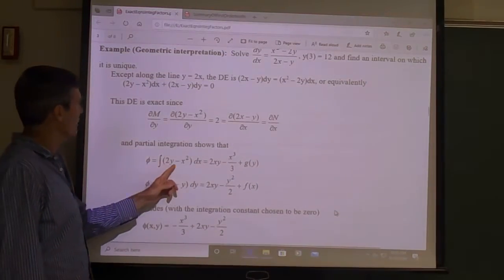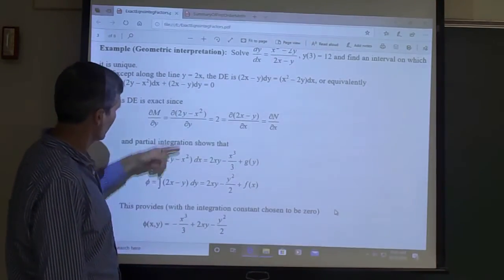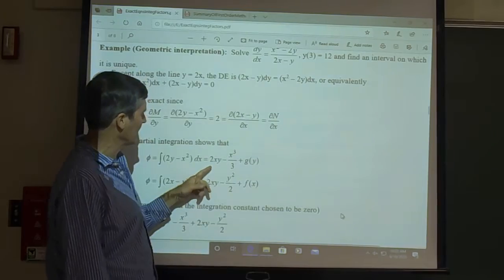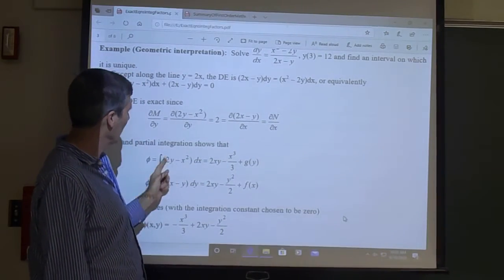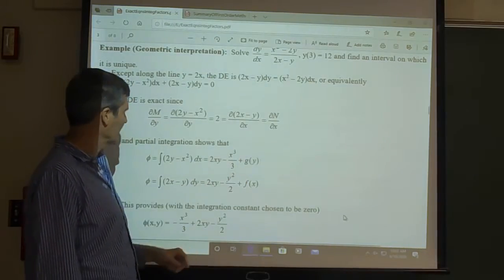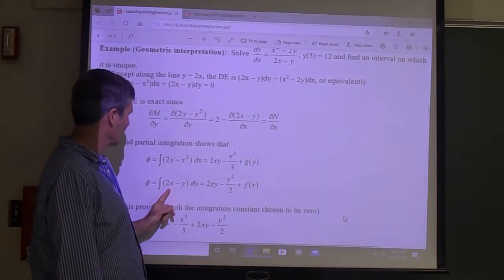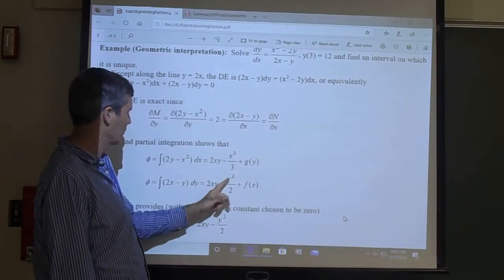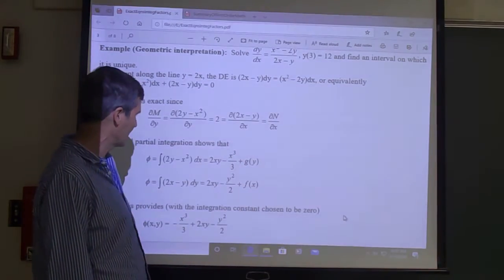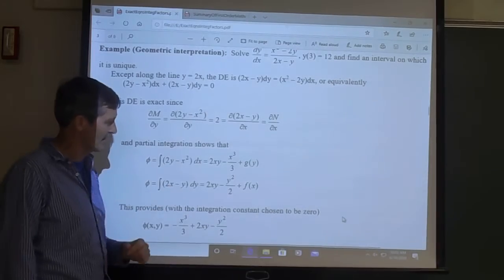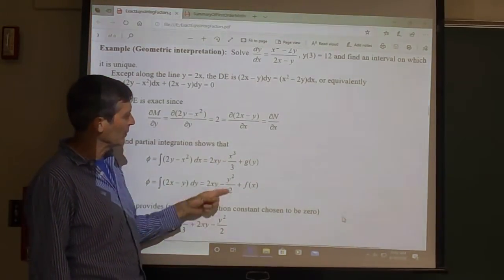We can just do partial integrals of this with respect to x, of this with respect to y. And we get in the first case 2xy minus x cubed over 3, treating y as a constant, plus an arbitrary function of y. Treating x as a constant and integrating this, we get 2xy minus y squared over 2, plus an arbitrary constant, which is an arbitrary function of x, since x was treated as a constant. Now how can we make these two equal?